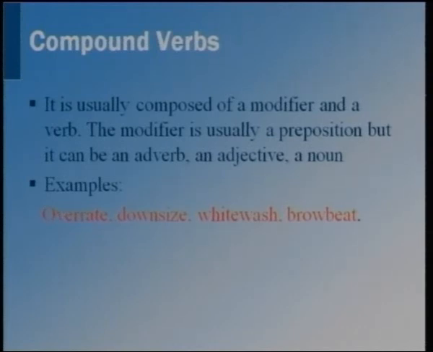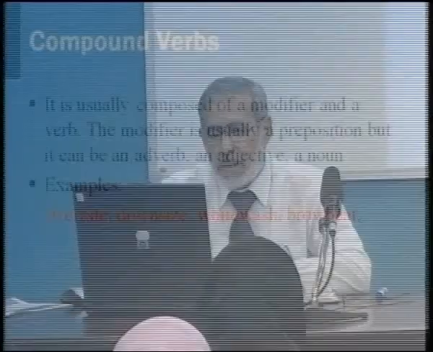So you have the modifier as a preposition here, or it can be an adverb, or adjective, or a noun. Overrate, this is an adjective, the first element. Downsize, whitewash, browbeat: whitewash and browbeat, this is a noun.